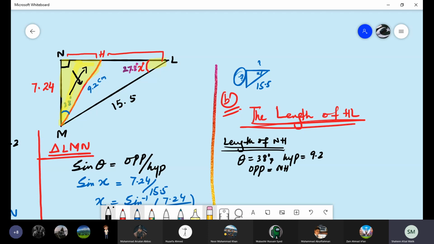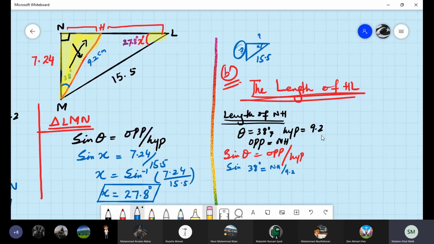Opposite is sine. Yes. So sine theta is equal to opposite over hypotenuse. Use the sine theta. So sine 38 degrees is equal to opposite, which is NH, over hypotenuse 9.2. Just multiply 9.2 by sine 38.